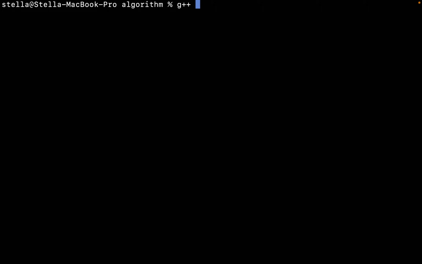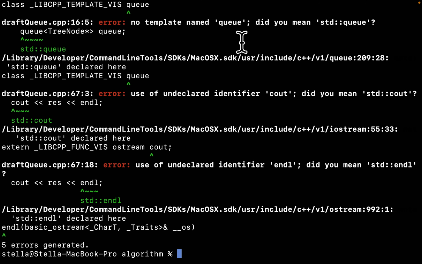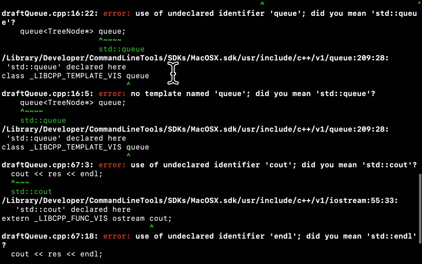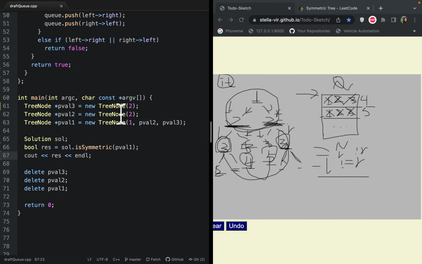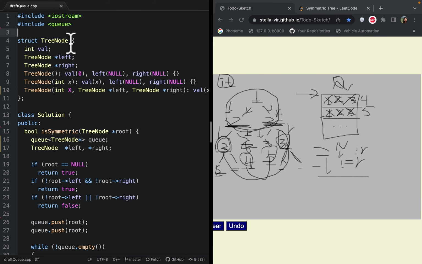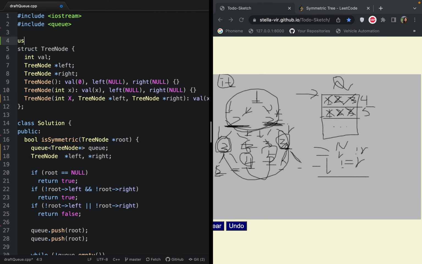g++, queue draft, name it as okay. Standard queue. Did you mean standard queue? Did I put using namespace? No, sorry. Using namespace std.